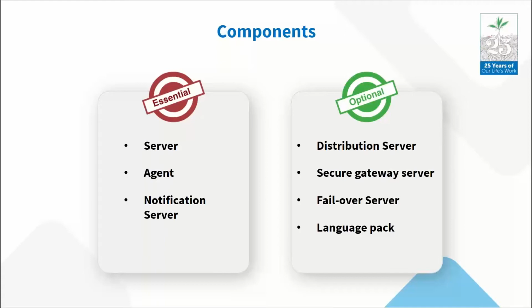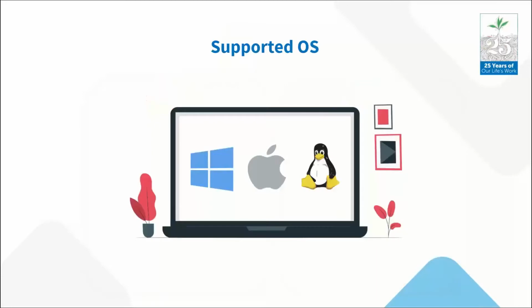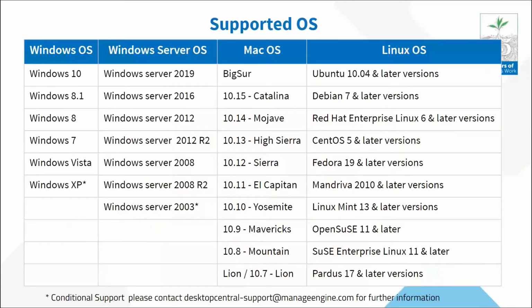We'll discuss the usage of these in detail when we have an overview on the architecture. Desktop Central supports all the three major operating system flavors available: Windows, Mac, and Linux. Here's a detailed overview on the supported operating systems.